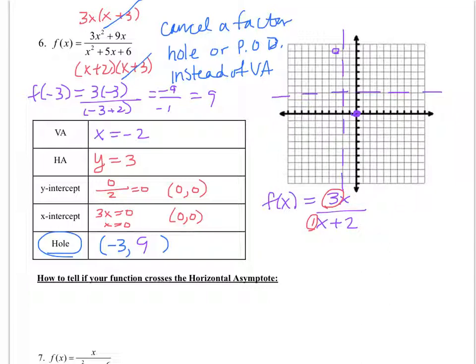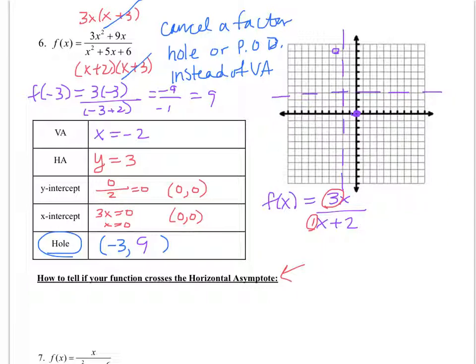Alright, now if we think about the things we've learned about our asymptotes so far, our asymptotes are guides for the graph. Our graph will never cross our vertical asymptote. And up until now, we don't think it can cross the horizontal asymptote. There are going to be some special cases, which we will look at in just a minute, but for right now, it does not cross either asymptote.